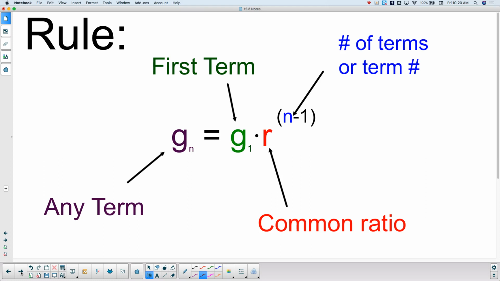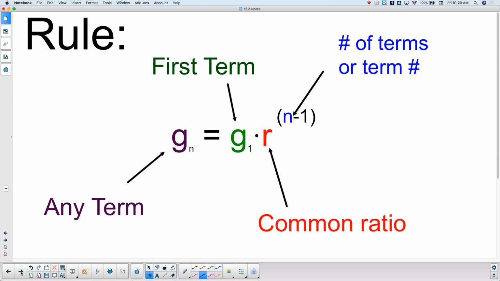So in order to find the rule for a geometric sequence, we need to know what the first term of the sequence is, and we need to know what the common ratio is. If we don't have those two, we need to find them.